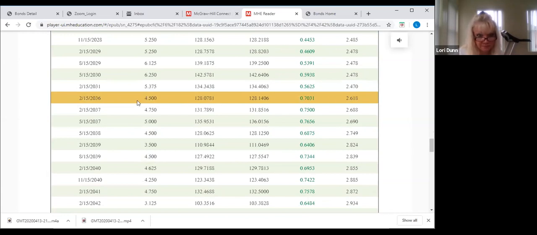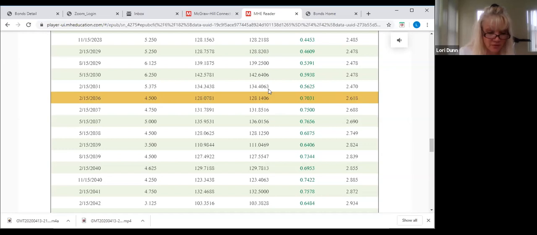Okay. Bonds with a 4.5% coupon rate, the asking and the bid are the same at about $128. And these types of bonds will yield 2.618.